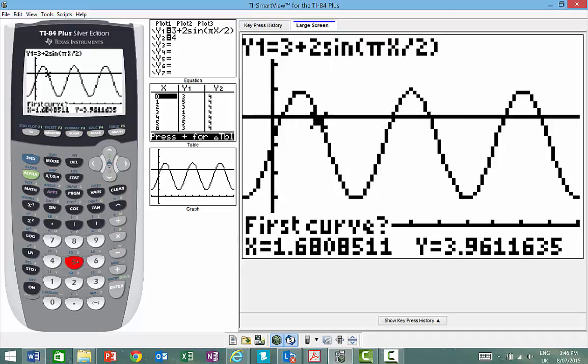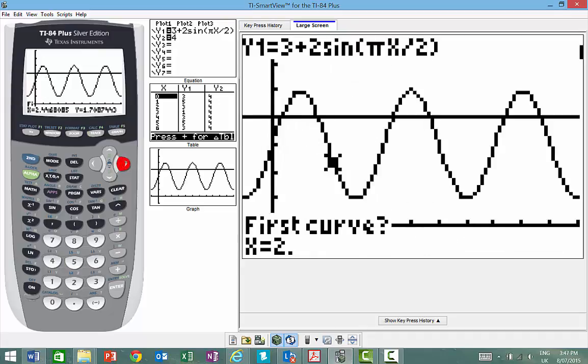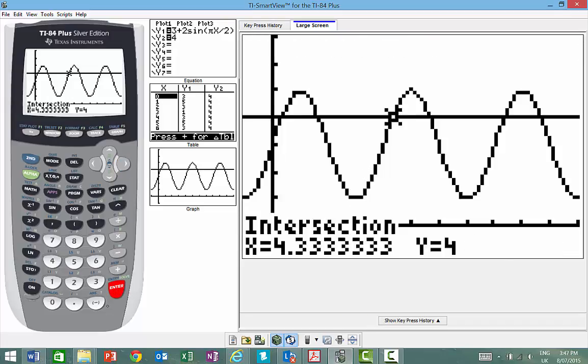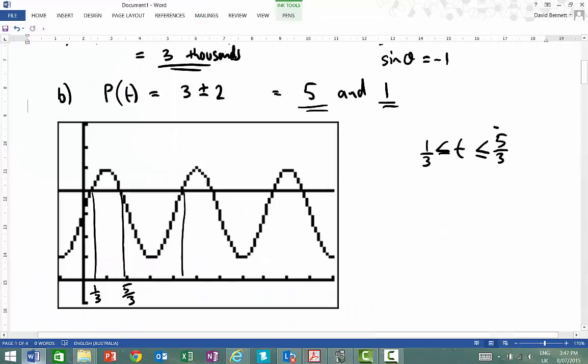Number 5, and we're scrolling across, so we've got to go other side of that little minimum. Okay, enter, enter, enter. So that's going to be 4 2/3. Sorry, 4 1/3. So I'll go back to my graph and I can label that as 4 1/3.